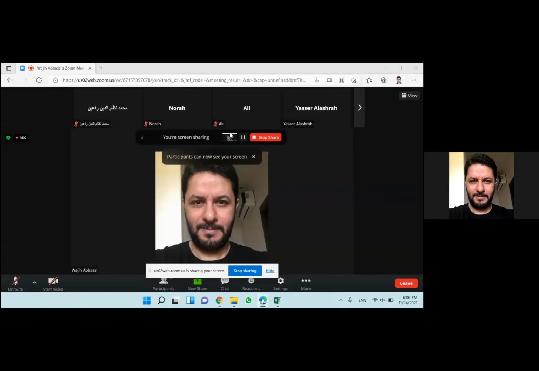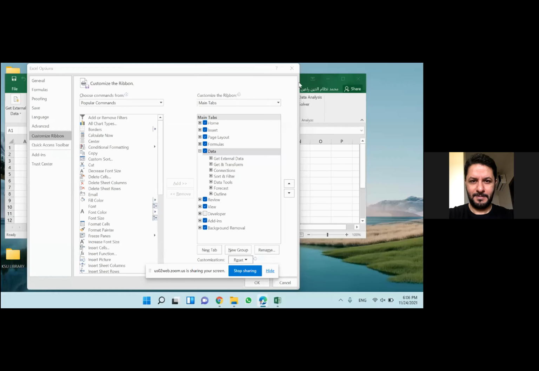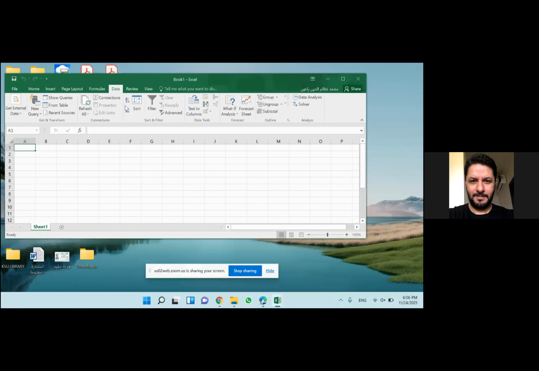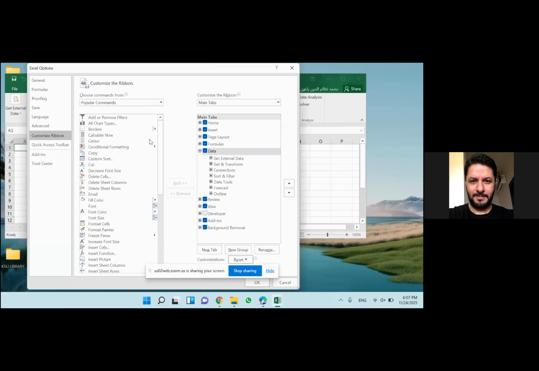Can you share your screen please? This is... Open your Excel please. It's okay. So go to data, double click, right click on data. See, you have to customize the ribbon. Then see you have the developer, which is unchecked here. So on the right hand side, you have developer here.